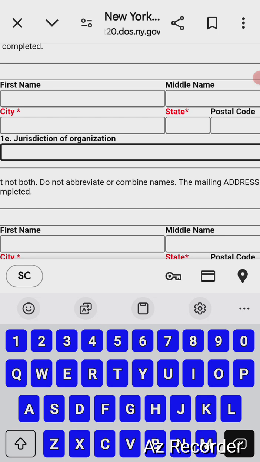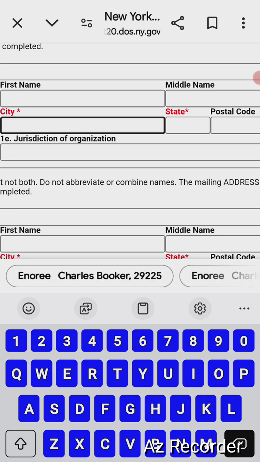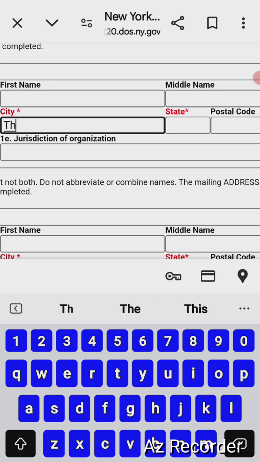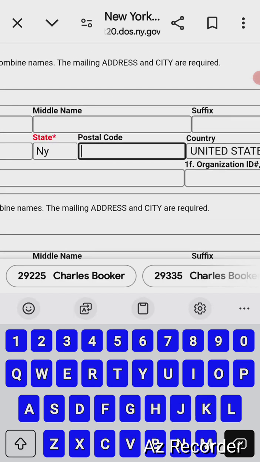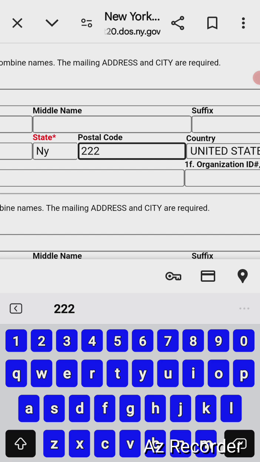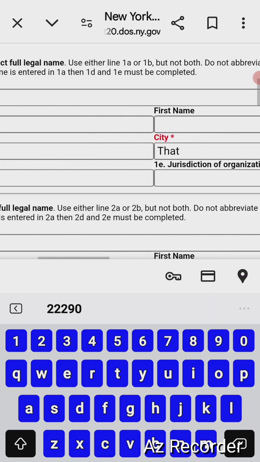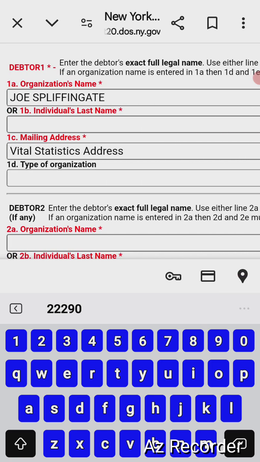City, whatever city you were born in, state, and then the postal code, and then type of organization.